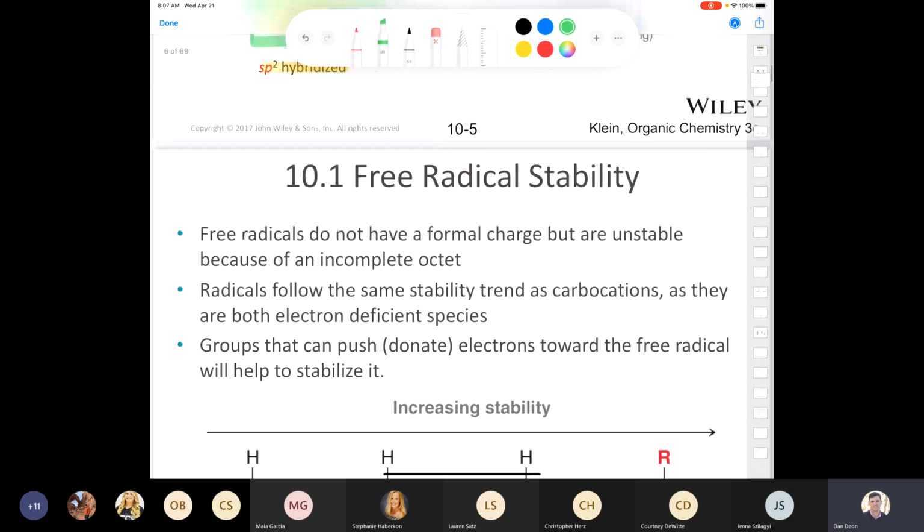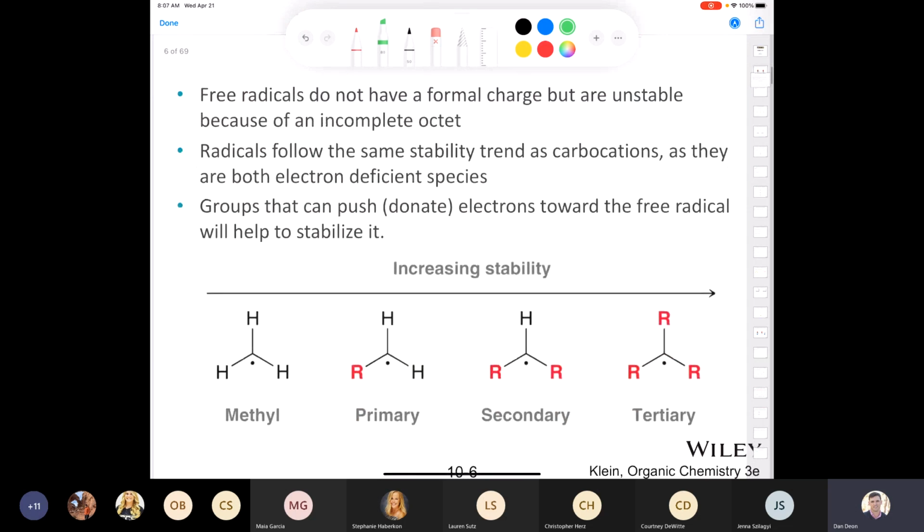All right, let's move on from there and let's talk about radical stability. Good news is that if you understood and can remember carbocation stability, that carbocation stability is pretty closely related to radical stability. Because even though radicals don't have a formal charge, they do have an incomplete octet, right?